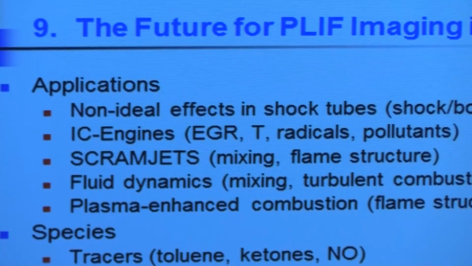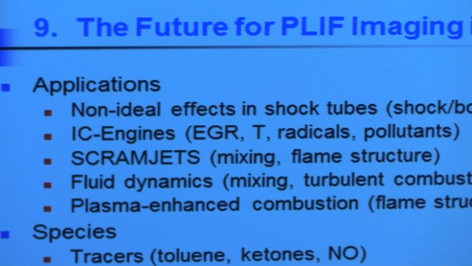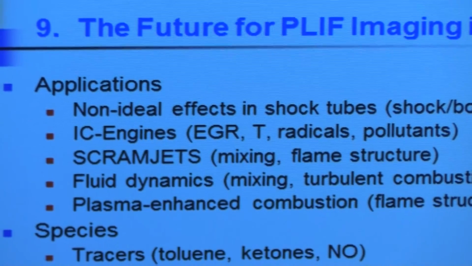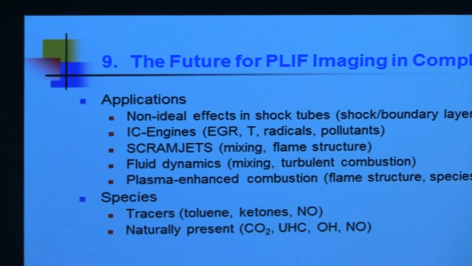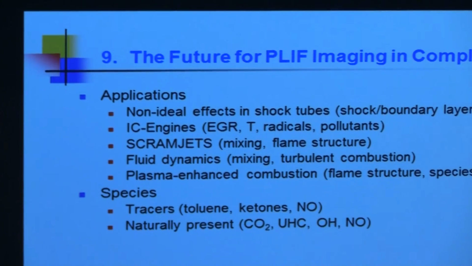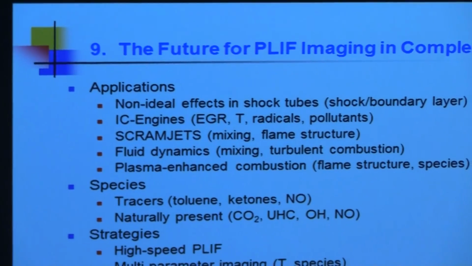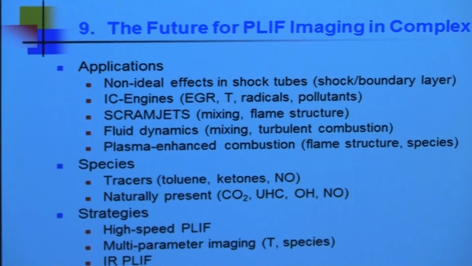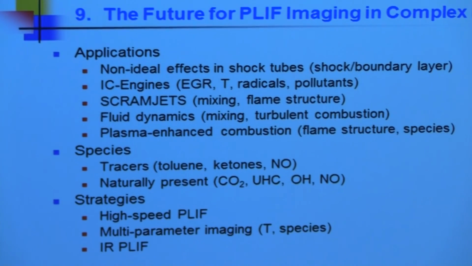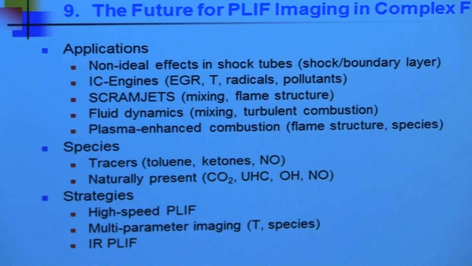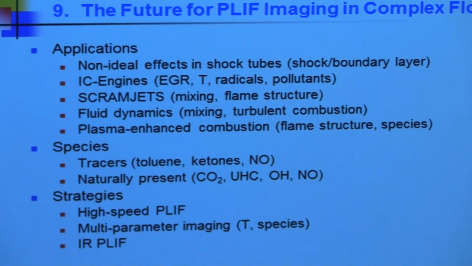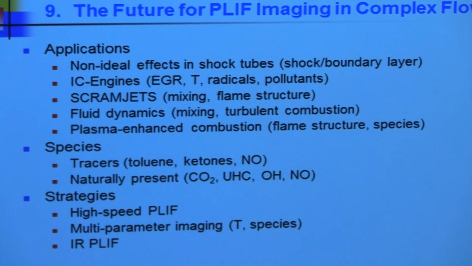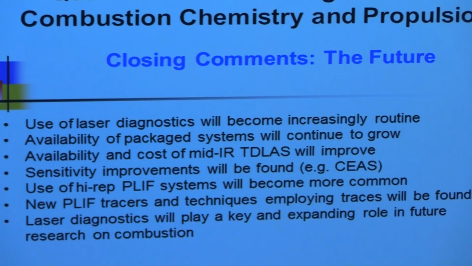You'd like to use a tracer that would survive at high temperatures, such as NO. The ketones and toluene are only good to about 900 Kelvin. There aren't always really good choices. You'd like to work perhaps at higher speed than we did years ago. You'd like to measure multiple parameters at the same time, maybe measure temperature and species at the same time. So anyway, I think there's a lot of possibilities for the future.